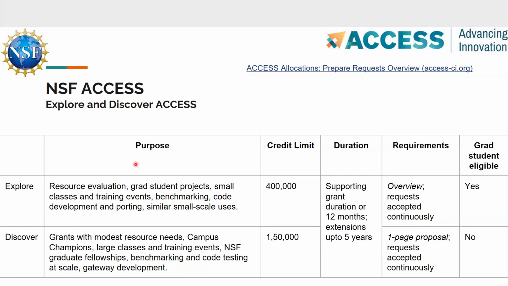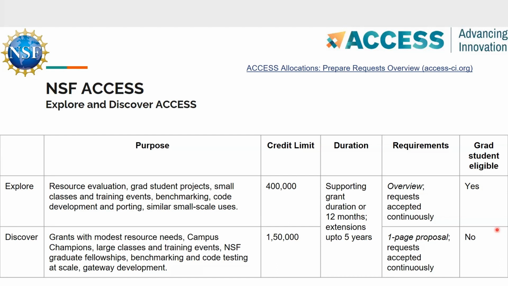For slightly more research needs, you can move to Discover. This is for modest resource needs, campus champions, large classes, things like that. Here a grad student cannot apply on their own. So usually a PI, if you're working with an advisor, the advisor can apply for the grant.